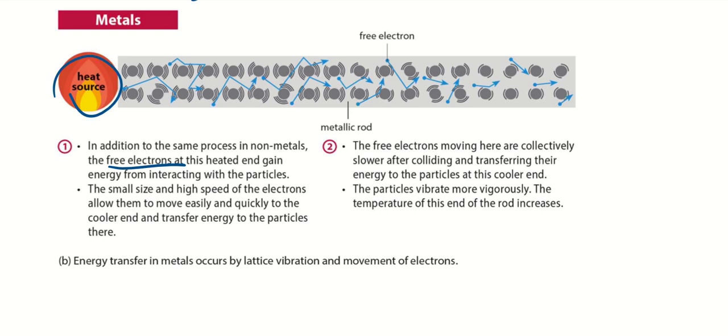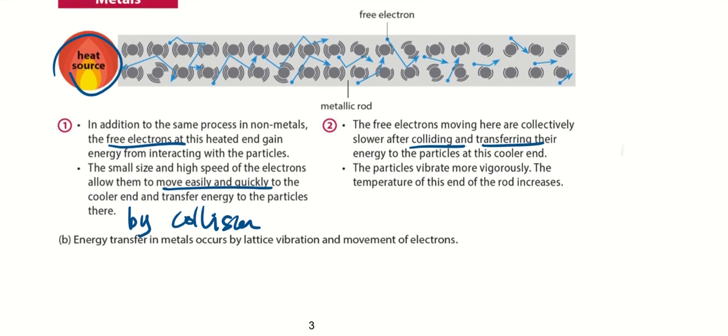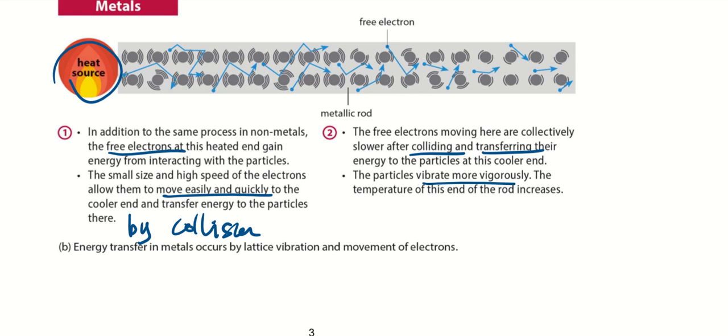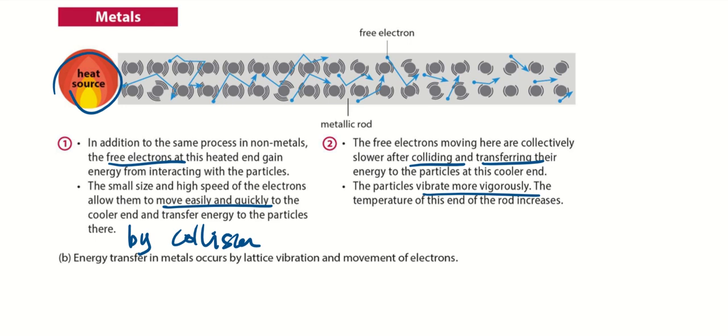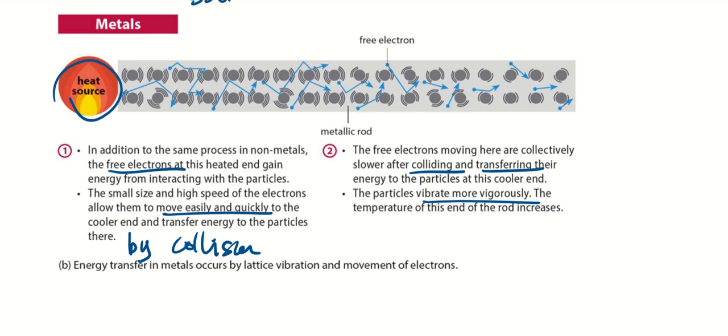They move easily and quickly to the cooler end and transfer energy to the particles there by collision. They collide and transfer their energy, so it allows the particles at the cooler end to begin to vibrate more vigorously. So this is an advantage that metals have over non-metals.